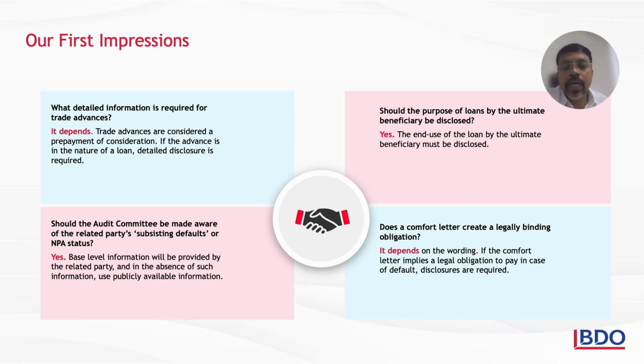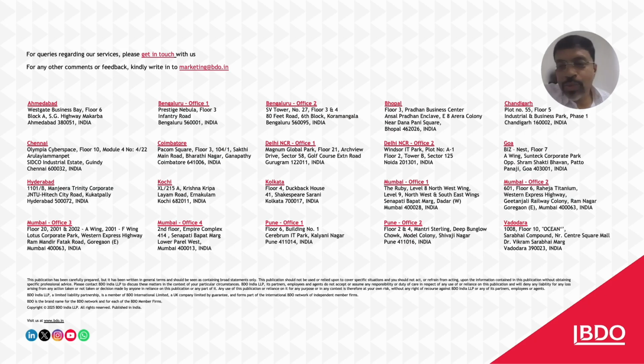And then in case of subsisting defaults or categorization of the related party as NPA and so on, these must be brought before the audit committee. And in case of comfort letters, if they give rise to a legal obligation to pay in the case of default, disclosures are required there as well.